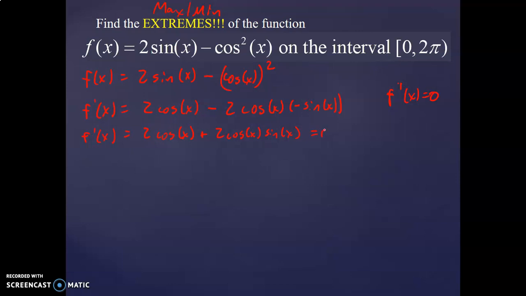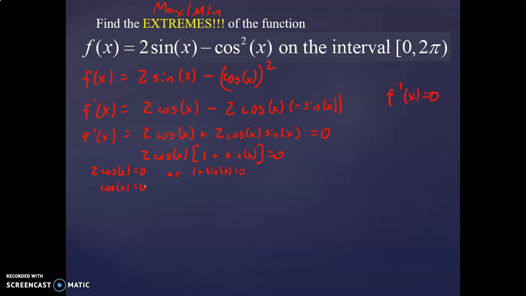For this one, if I want to make the derivative equal to 0, I'm going to want to pull out 2 cosine of x, and if I factor that out front, I'd have 1 plus sine of x left over on the inside. If I have 2 factors that multiply to be 0, I know that either 2 cosine of x is equal to 0 or 1 plus sine of x is equal to 0.